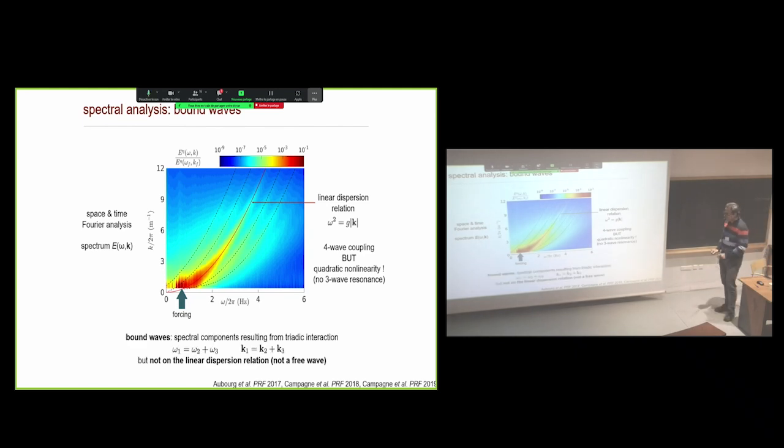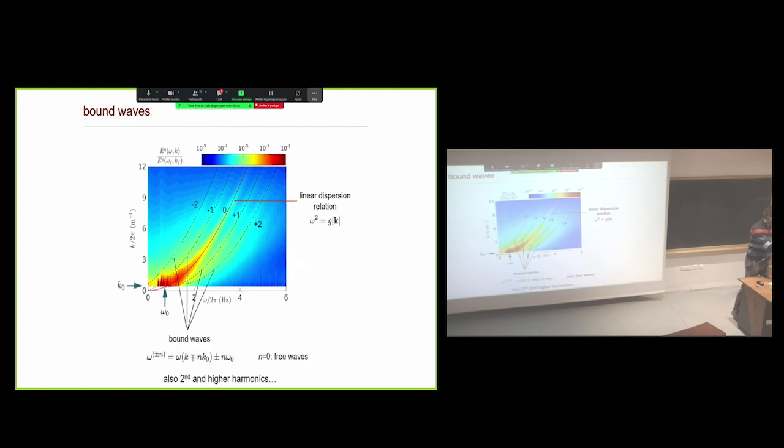The bound waves are just Fourier modes that are coupled, as Miguel told us, by non-resonant triadic interactions. Of course you also have a second harmonic and higher harmonics that are hidden in this kind of blurred region where there is lots of energy as well.